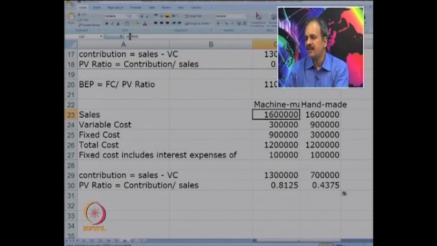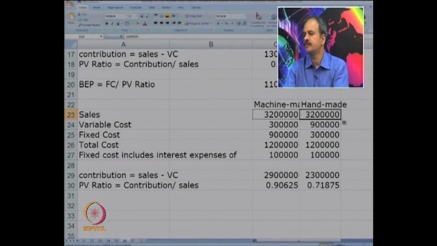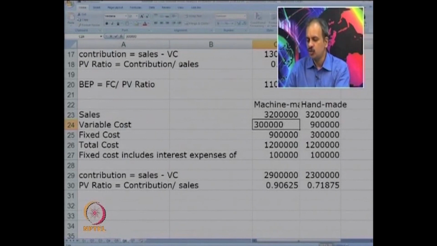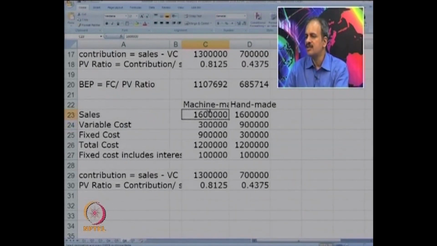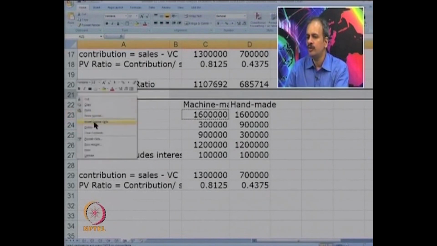Let us assume that the sales level goes up to 18 lakhs, or let us say double it, make it 32 lakhs. Now, we know that the variable costs are bound to increase in the same proportion, so they should also double. I will just take extra columns so that it is more clear to you.